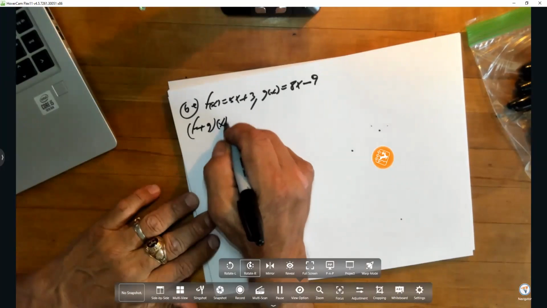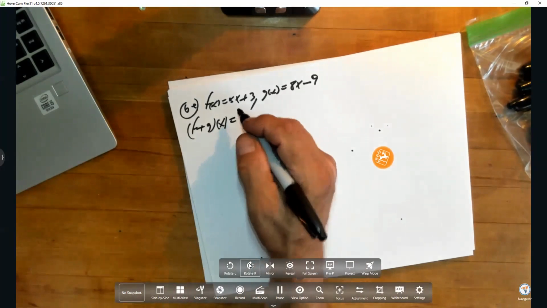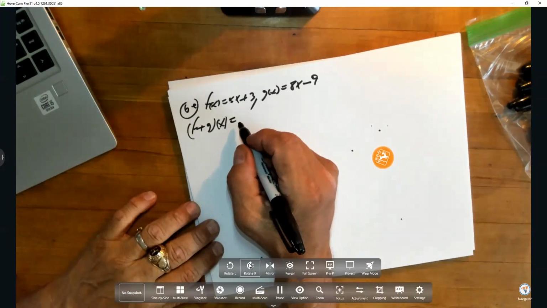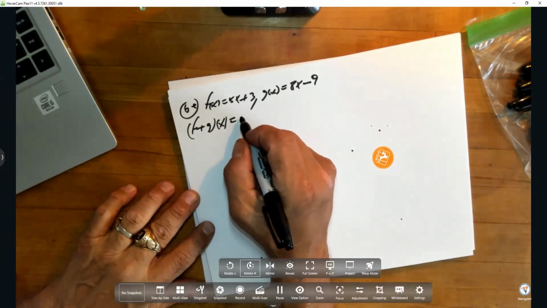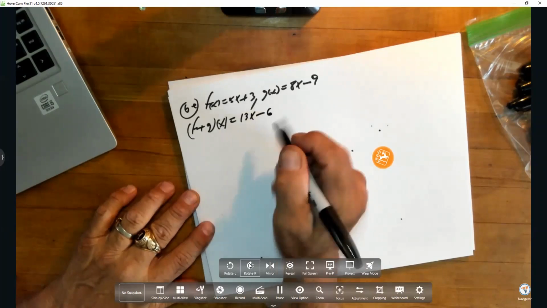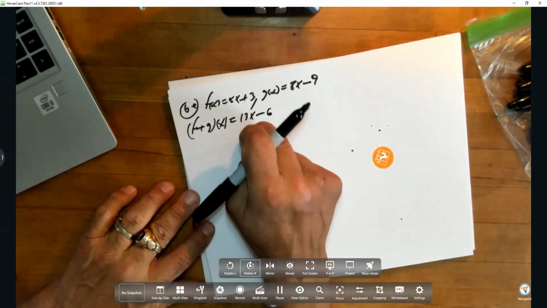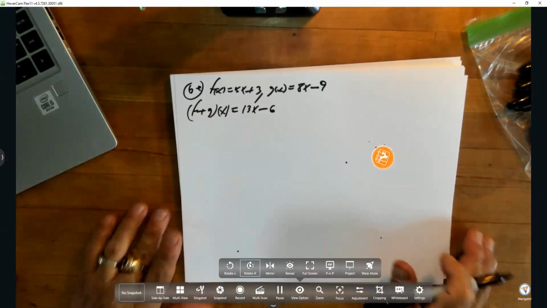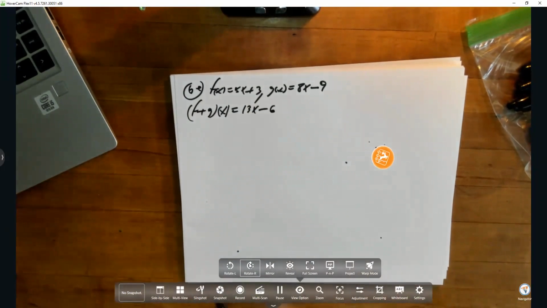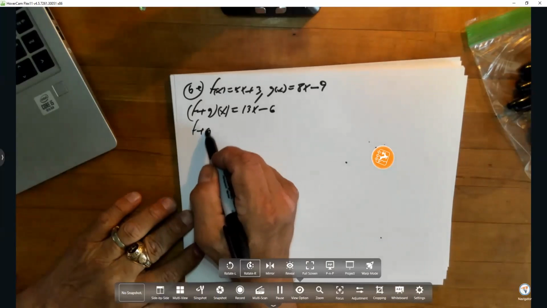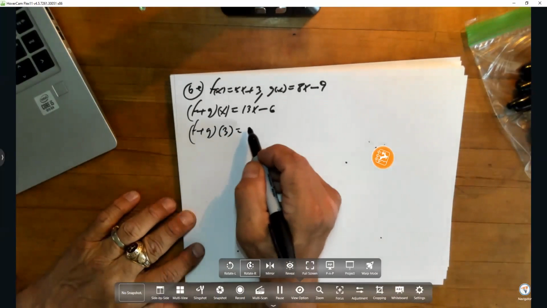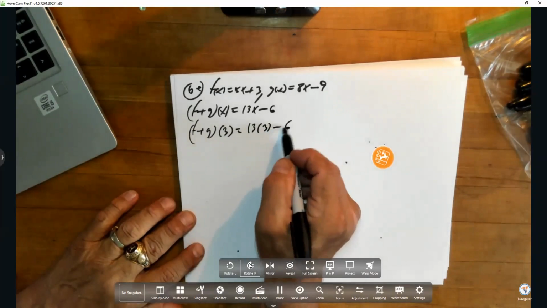Well, we know what that is. It's from the first one we did, the letter A. And for that one, I ended up with 13x minus 6. So f plus g of x is this one right here. Now, let's put a number in there. The number that I want you to do is f plus g of 3. That means you're going to have to put a 3 right here, like that.